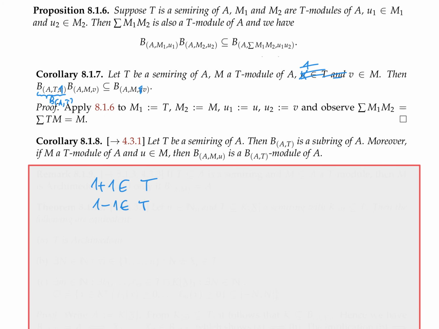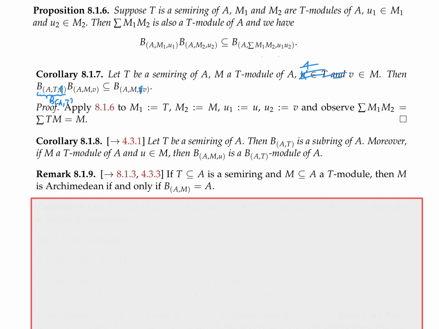You know, this is not just a semiring in A, it's actually a subring of A even, but that's okay. And this, by the way, is also closed under additive inverses, but we don't need this here for this statement.